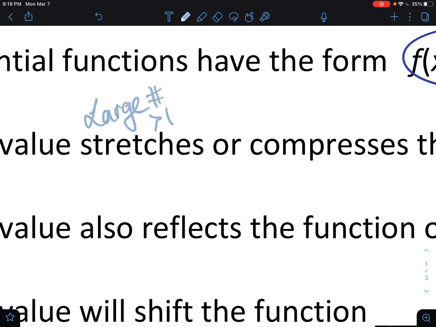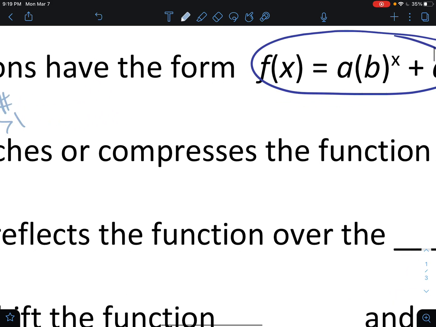That's a greater than sign, it just doesn't look like it. Let me fix that. There you go. Greater than 1. And if it compresses the function, that's whenever it is a decimal or a fraction. That's less than 1, so in between -1 and 1.